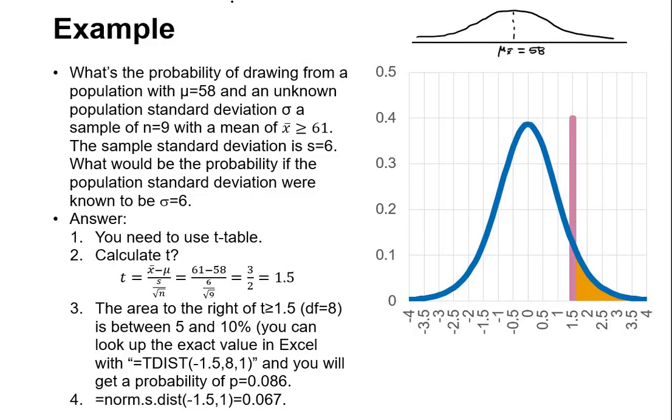So we have to construct the standard error from our sample standard deviation, and that is 6. And then we have to divide by the square root of n, which is the square root of 9. So that means our standard error is 6 over the square root of 9, 6 over 3, so that's 2.